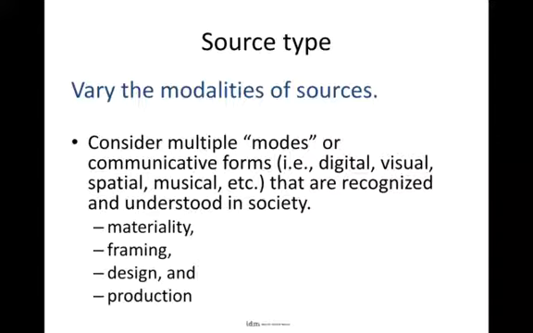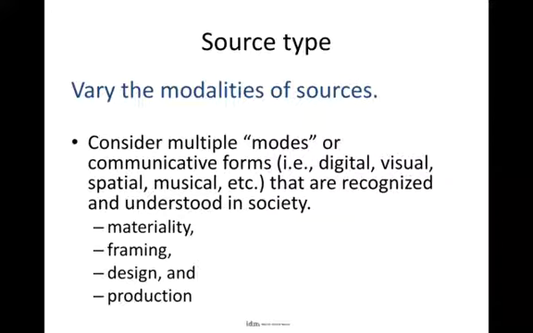And there's a lot of text out there, but boy, do we ever encounter sources in a lot of other ways. And it's super important for kids to have practice with that variety of source type, with the modalities that they're going to work with in their life and experience in their life.